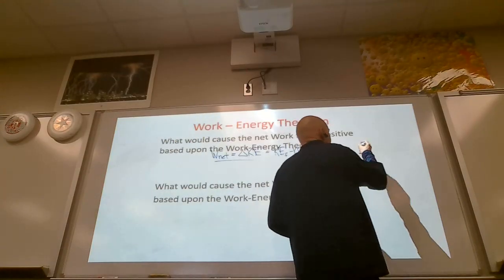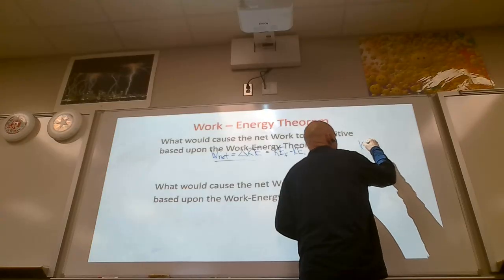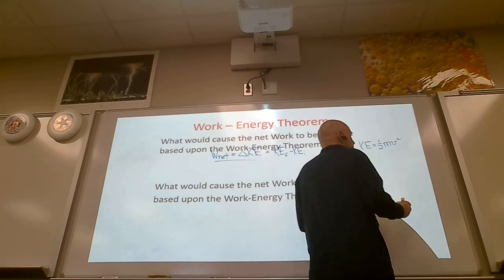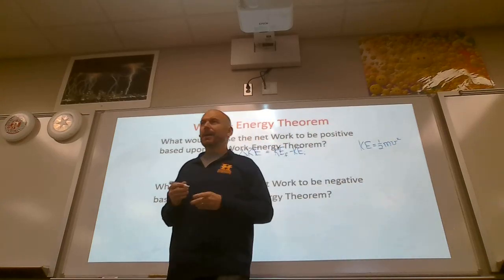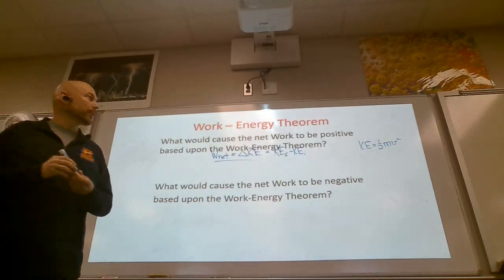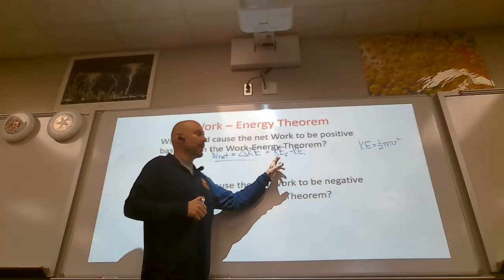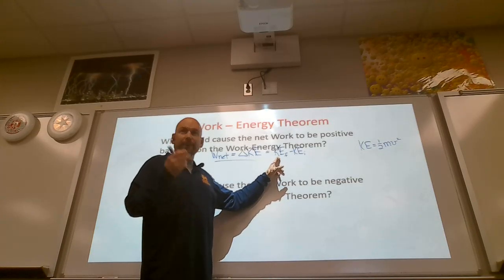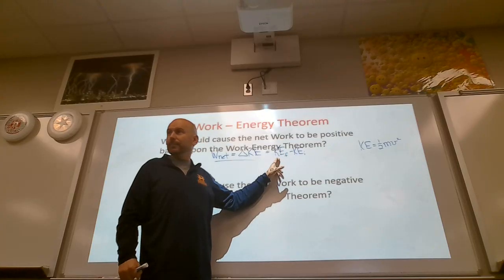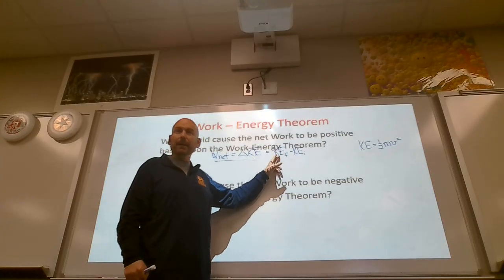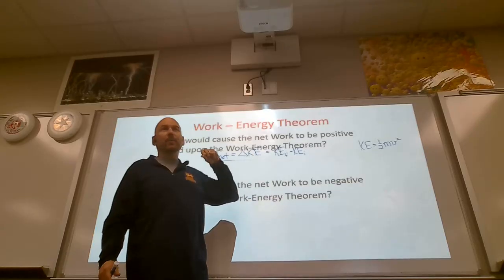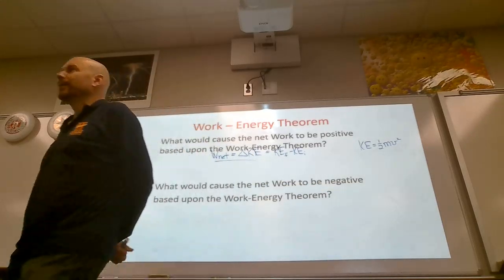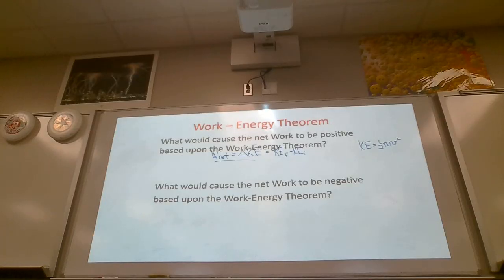Just assuming the mass is not changing, what's going to make kinetic energy greater is if it's moving faster. So if it's speeding up, it's a positive net work. And if it's slowing down, that gives you a negative net work.